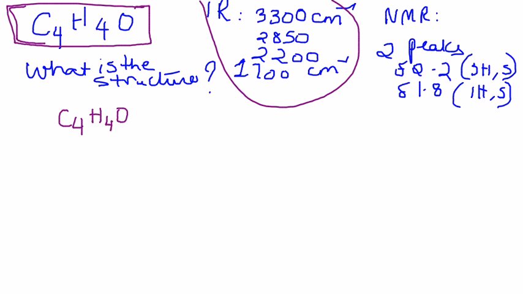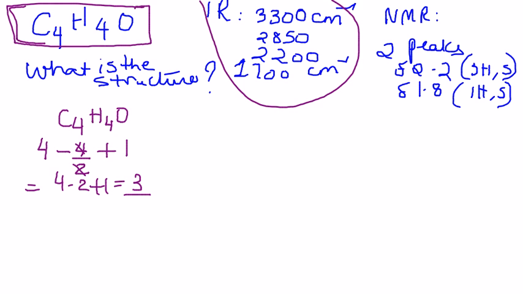So the starting point is the number of carbons. From that, subtract half the number of hydrogens. In this case, we have only oxygen. There are no halogens or nitrogen, so none of the remainder is going to contribute to this. And when you work on that, that comes out to be 4 minus 2 plus 1, which is 3.